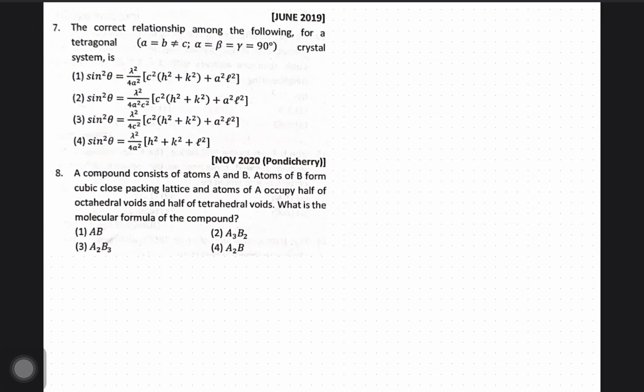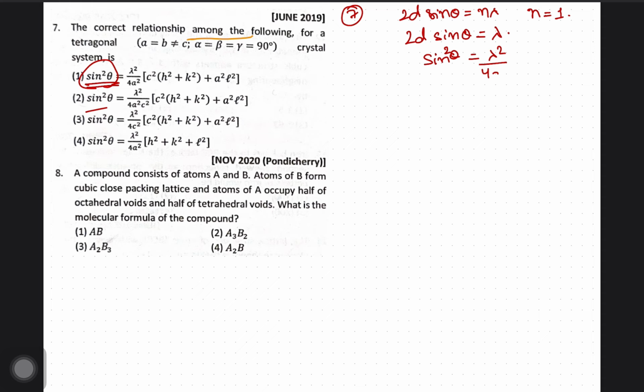Now the next question: the correct relationship among the following for a tetragonal crystal system is. See, obviously sin theta is given, meaning Bragg's law is used. We know that according to Bragg's law, 2d sin theta is equal to n lambda. Here we are using n as first order, so 2d sin theta equals lambda. Now sin square theta will be lambda square upon 4d square.